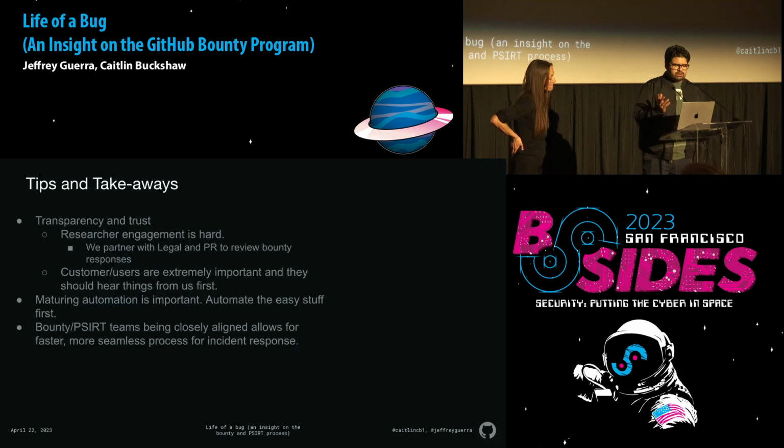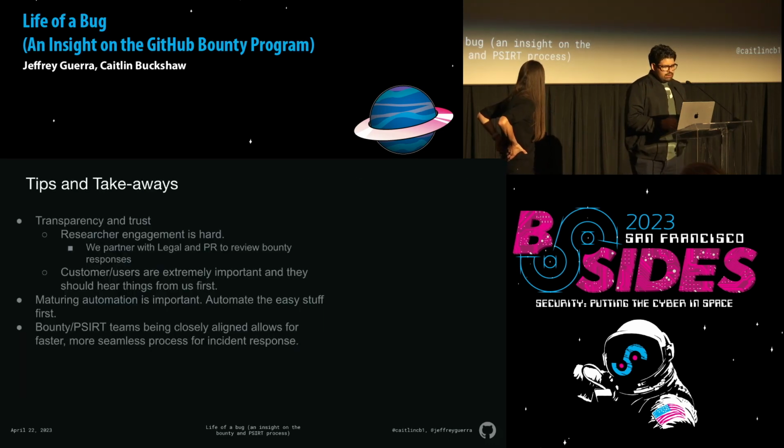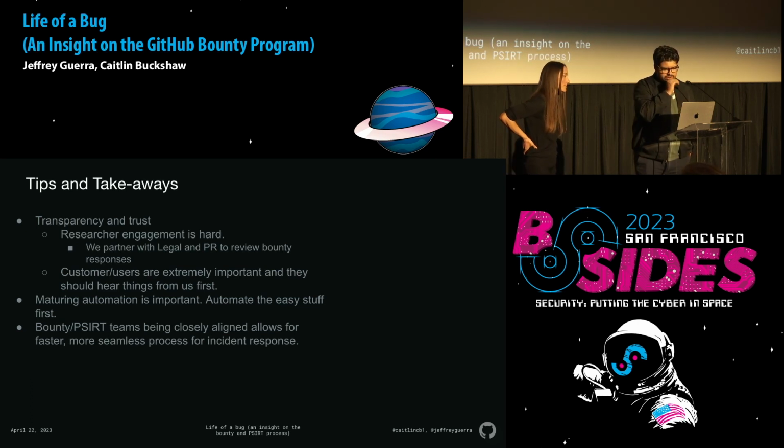So let's talk about some tips and takeaways. By the way, there's a lot more we could cover, but 25 minutes is 25 minutes. Transparency and trust is something that hopefully was obvious throughout the process for both teams, in engaging with the researcher and with the engineering teams. And researcher engagement is hard, right? Because we want people to keep coming back.